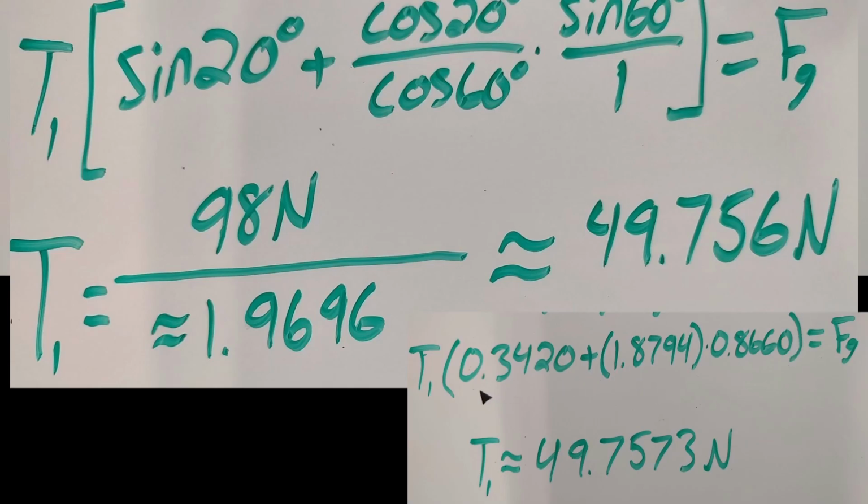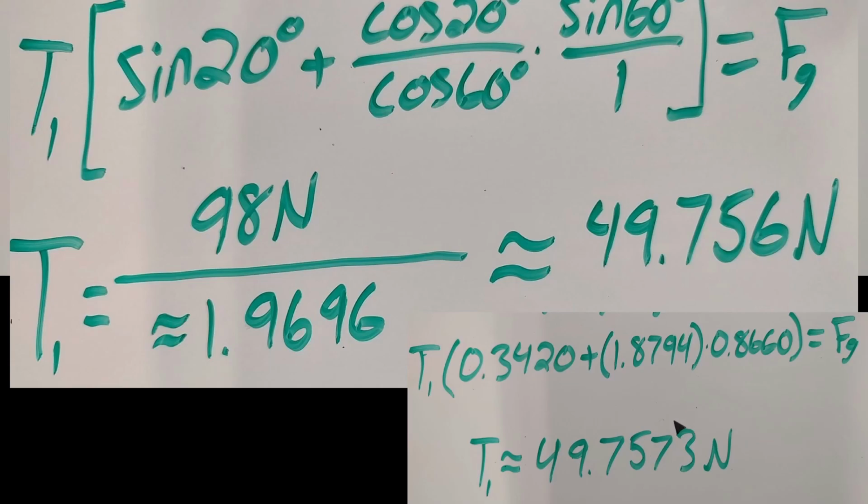This was using just the decimal equivalents. I just did sine of 20 rounded to four places and kept going with that, and we got a little bit off. This was 5.6, this was 5.7. That's a tiny amount, about a thousandth of a newton.